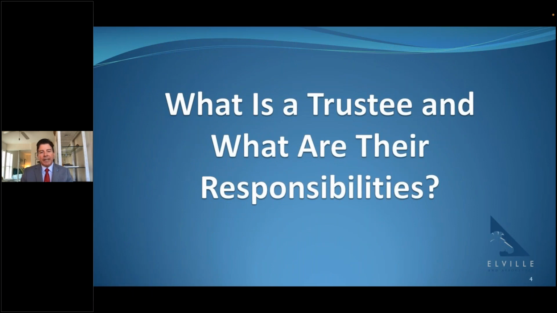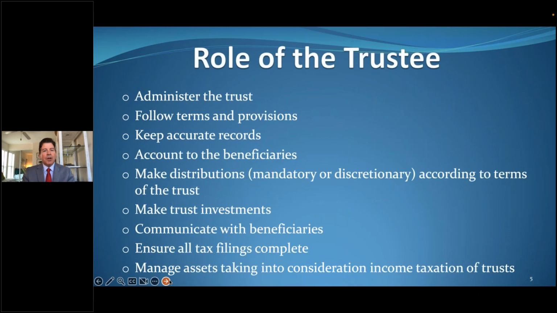Okay, let's talk about what is a trustee and what are their responsibilities. So some of this is intuitive. Some of this you're going to say, Steve, I knew that, I know that. But I'm going to talk to you in terms of perhaps you don't know really anything about this, or you might have some misconceptions. And there may be people on the webinar today that know nothing about this particular thing.